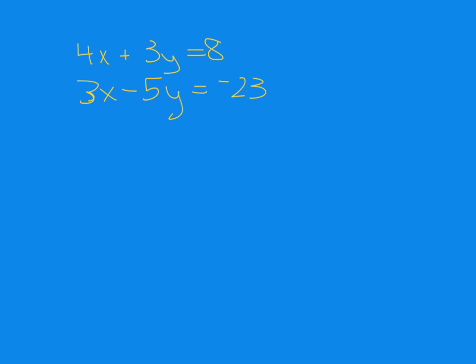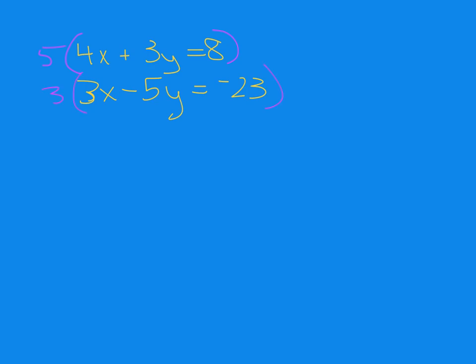So you can see the 4 and the 3 are both positive, but the y's, you have a positive 3 and a negative 5. And we know to eliminate a variable, you need a positive and a negative of the same coefficient. So in this problem, I'm going to multiply the top equation by a 5 and the bottom equation by a 3. And I'll tell you why I'm going to do that.